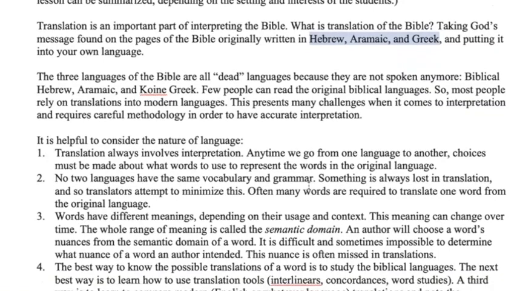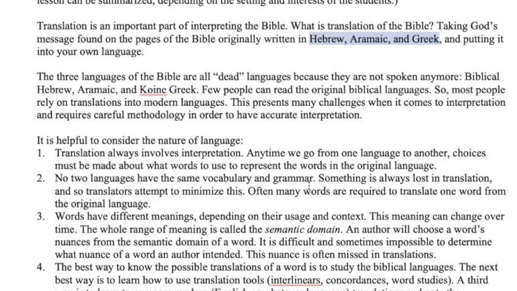Biblical Hebrew, Aramaic, and Koine Greek are the languages that the Bible was written in. Few people can read the original biblical languages, so most people rely on translations into modern languages. But this is going to be very challenging for us because every translation involves some degree of interpretation. Anytime you go from one language to another, you lose something.